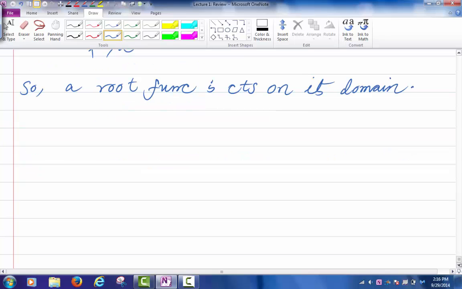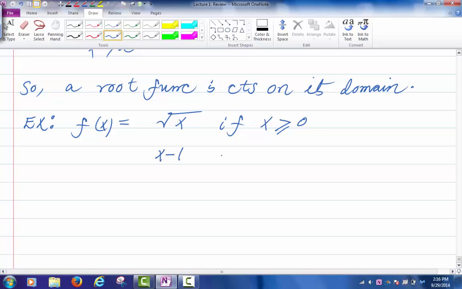And now I keep saying a root function, but when I say a root function, I don't mean a function like this. So if I have this function, root x if x is let's say non-negative, and the function is x minus 1 if x is negative, this is not a root function.